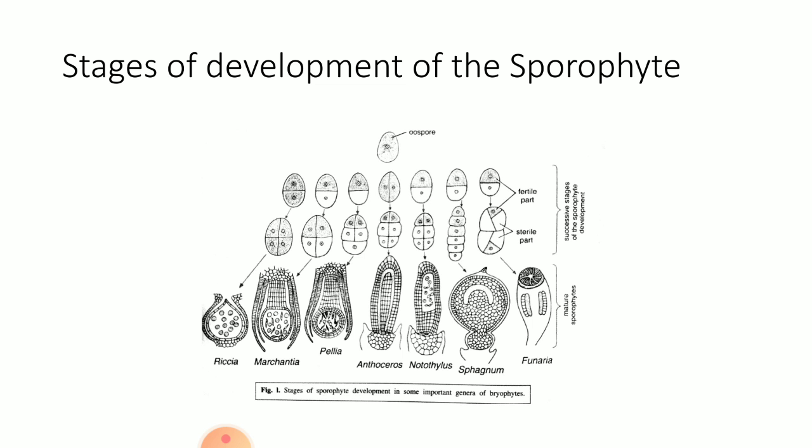And the members of Anthoceros have a long-lived sporophyte due to the meristematic region present in place of the seta, which divides and redivides to produce the archesporial tissue. Now, the sporophyte of Notothylas is more or less similar to the sporophyte of Anthoceros. This Notothylas we will be taking individually in the coming lectures.